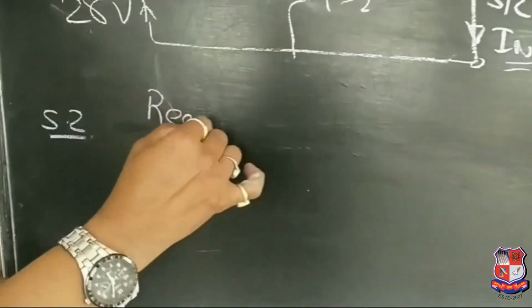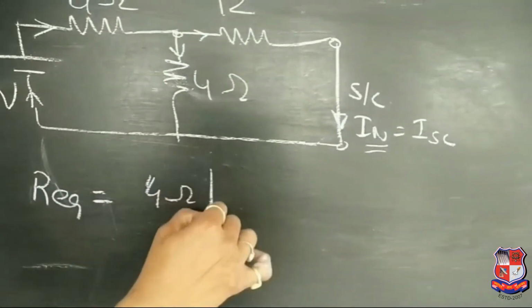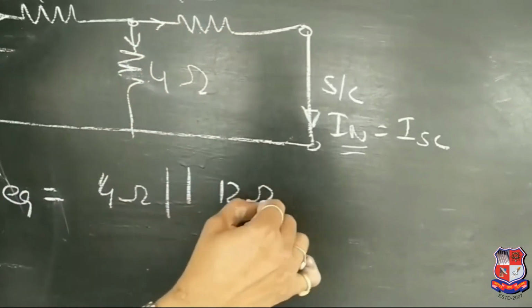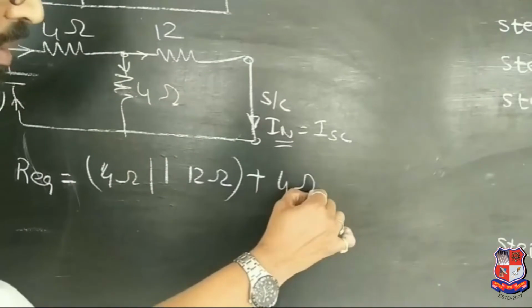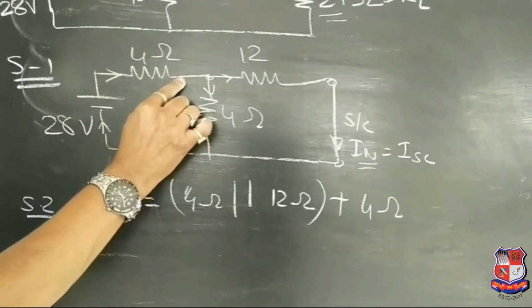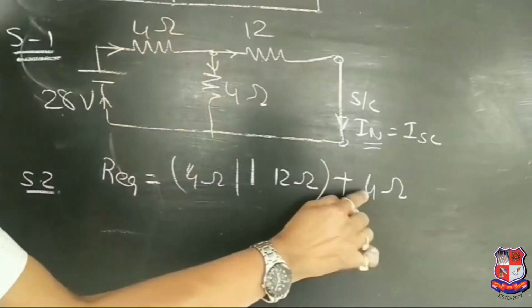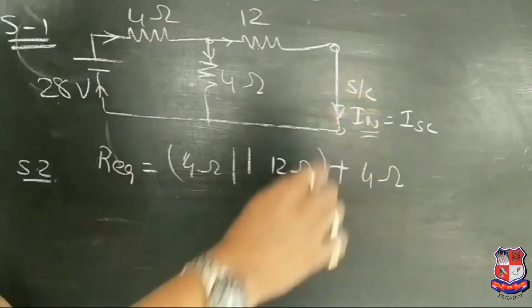So our equivalent will be given by 4 ohm parallel to 12 ohm plus 4 ohm. Through this 4 ohm the whole battery current passes. So this 4 ohm is said to be in series connection. So these two resistors are in parallel, this one is in series.